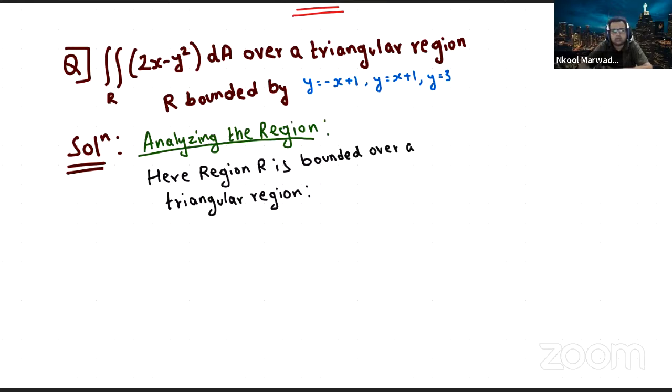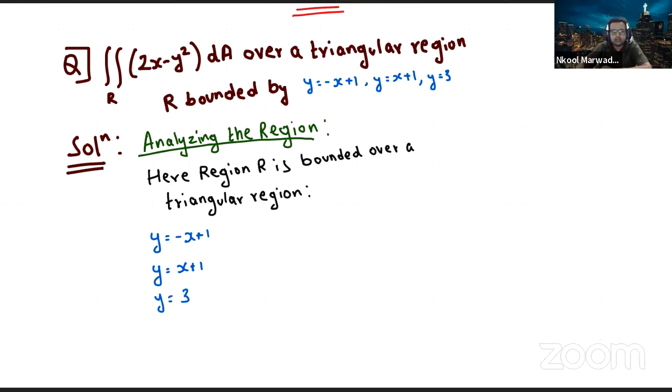That is y is equal to minus x plus 1, y is equal to x plus 1, and y is equal to 2.